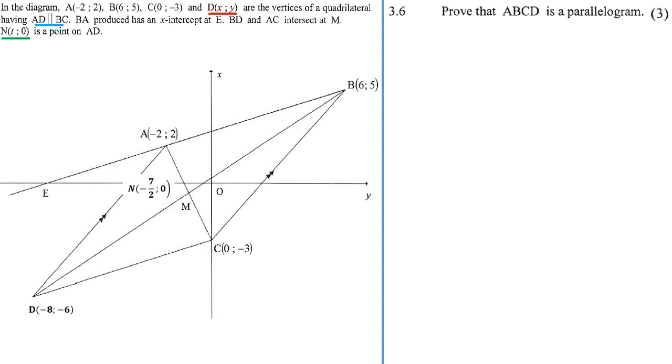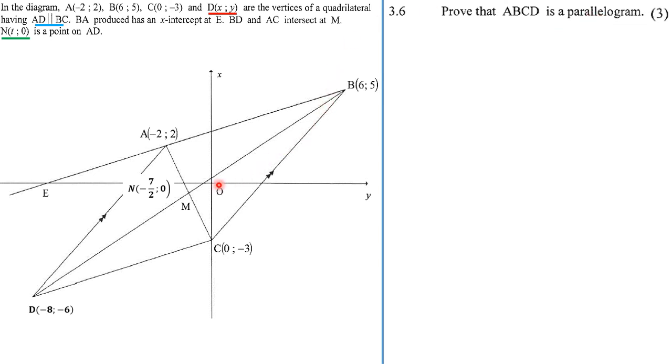Okay, so let's check. A parallelogram is a closed 4-sided geometric shape that has 4 sides. Okay, it has 2 pairs of opposite sides that are parallel to one another. That is a parallelogram. That is when we talk about sides.